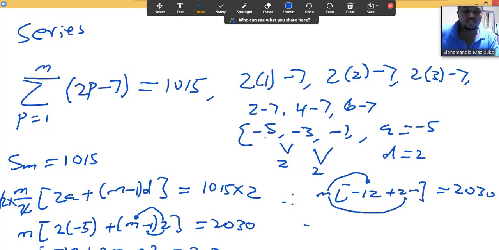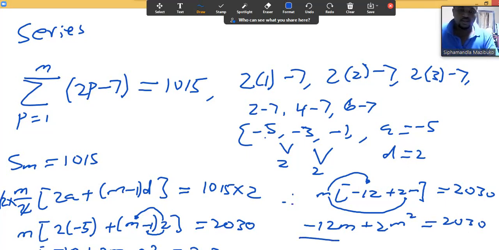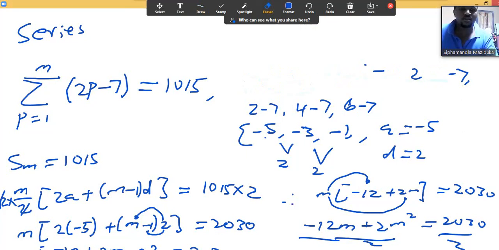So what you're getting is minus 12m plus 2m squared is equal to 2030. You see, we can still divide by 2 all throughout. Let's try to erase some, because I think we're done using this.